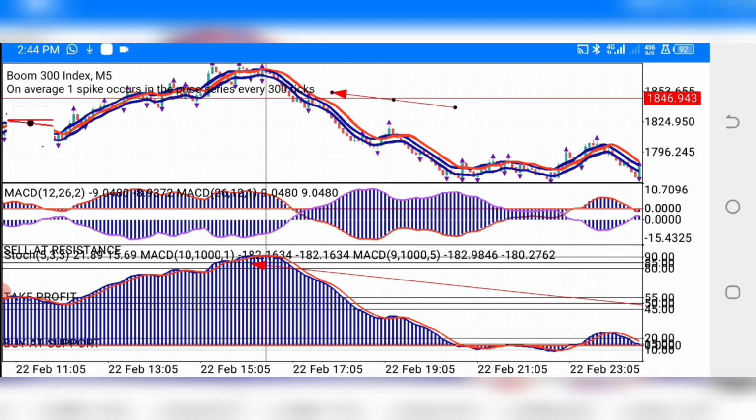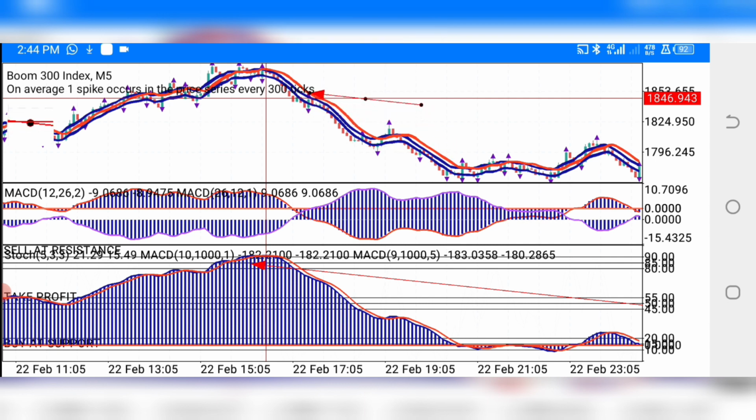The second confirmation is that you must allow the market to change trend. There must be a change of trend between the red signal line and the other signal line. Then the third confirmation is that there must be a step down spike.